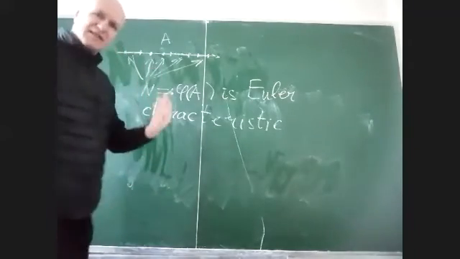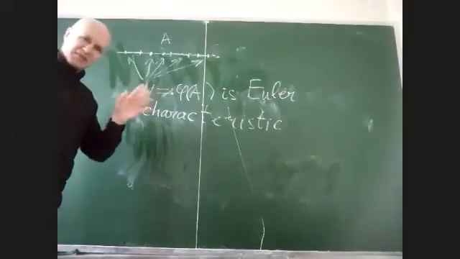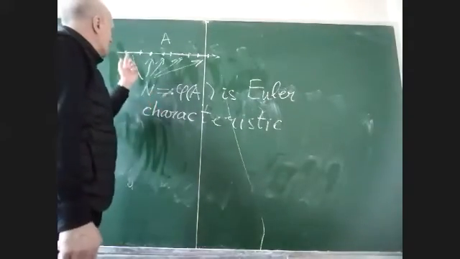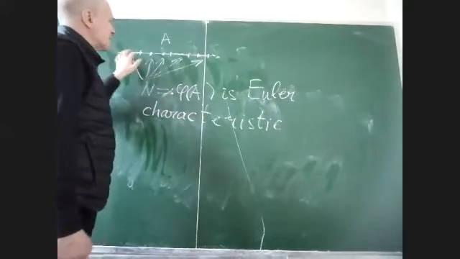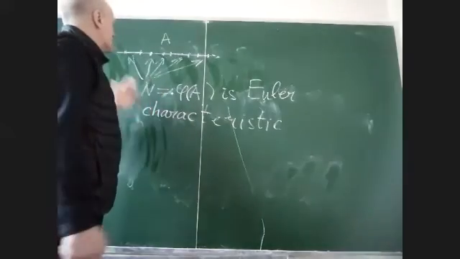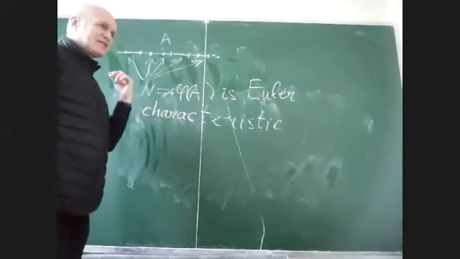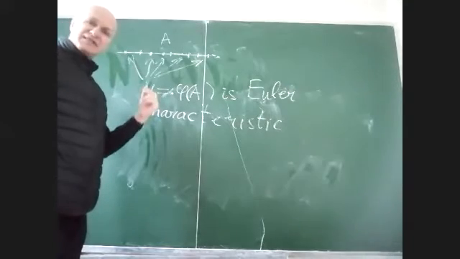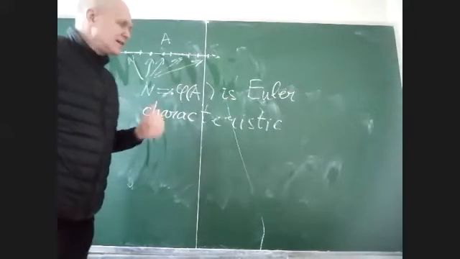We already said that we consider special sets, not arbitrary, such that they consist of a finite number of intervals and a finite number of points. Then the total number of these subsets is the Euler characteristic of the set A.